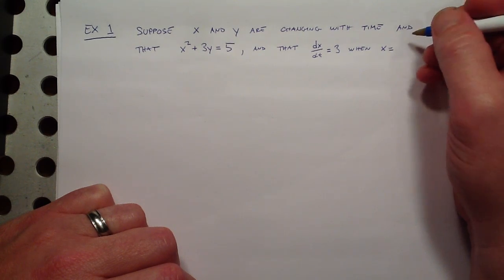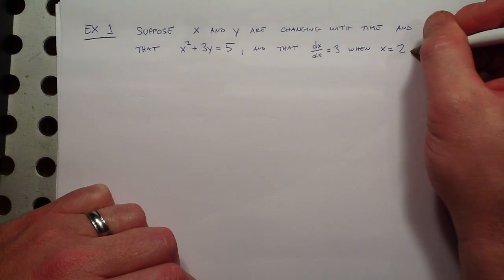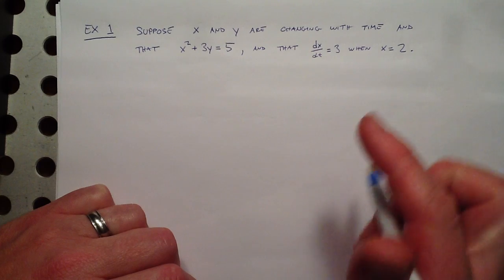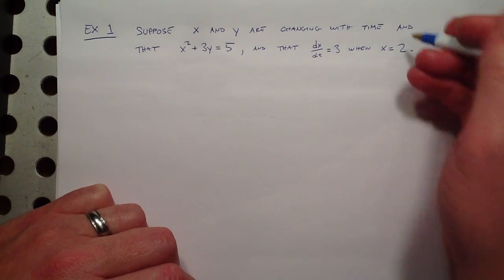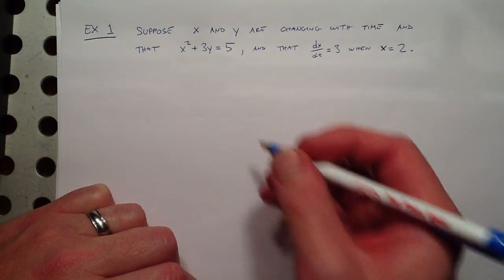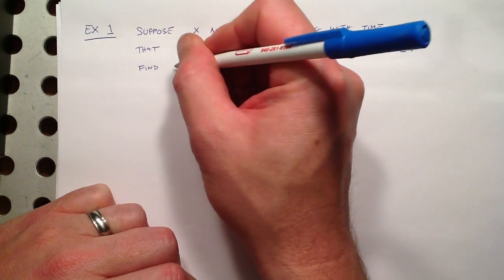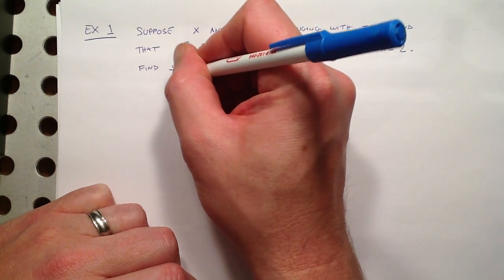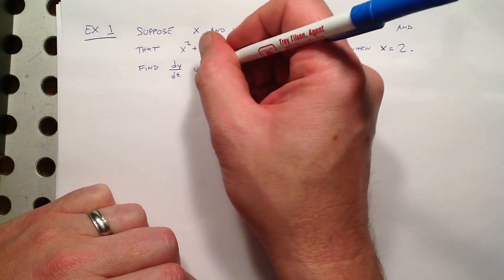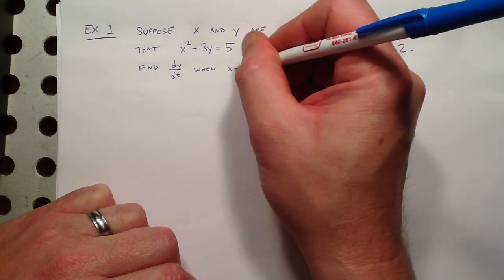Well, I suppose it doesn't have to be nice. Let's say when x equals 2. I was looking for no fractions in the answer, but can't spot an x that'll do that right now. And now they want us to find the rate that y is changing when x is 2.